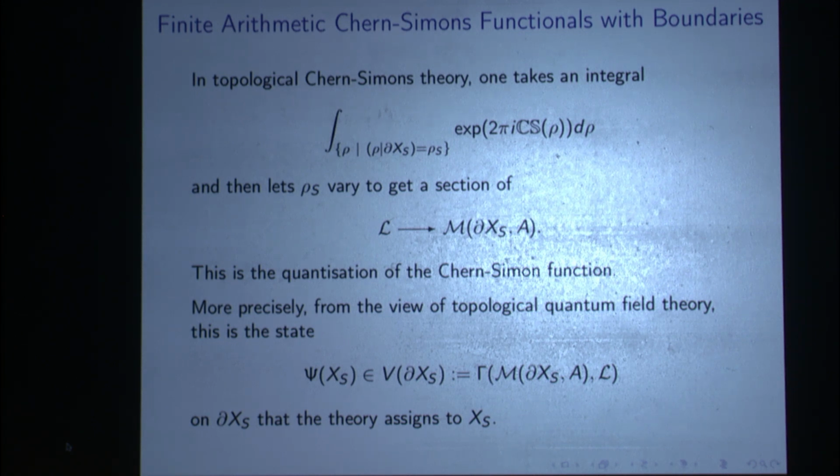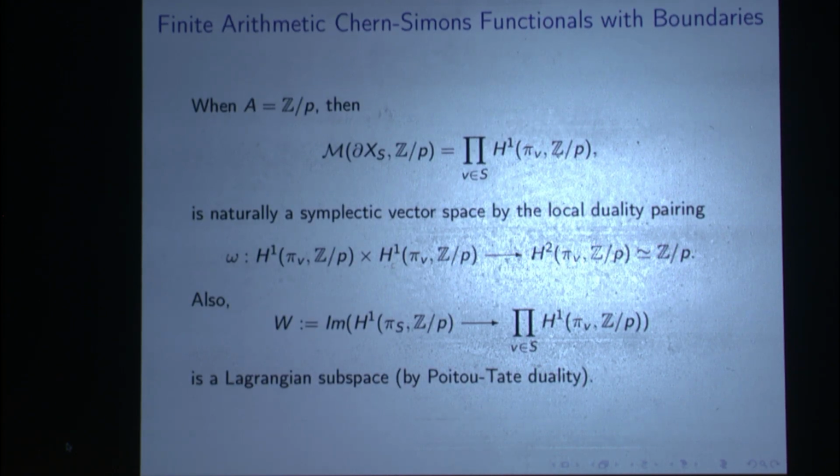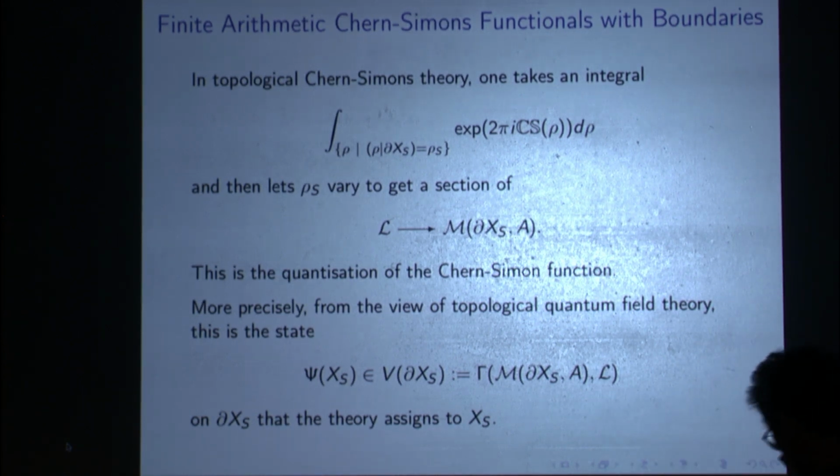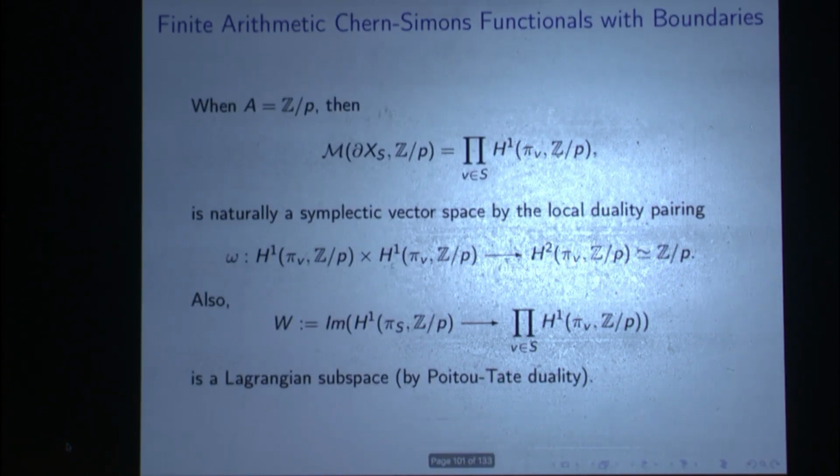But I will make a few comments about the structure here, in case you're interested in how far the analogy goes. We can keep taking this further and further. But for the moment, I will remark the following. The simple case, remember, I discussed the case where A is just the abelian group Z mod P. In that case, this local moduli space, the product of H1 of the local Galois groups with coefficients Z mod P, actually is a symplectic vector space.